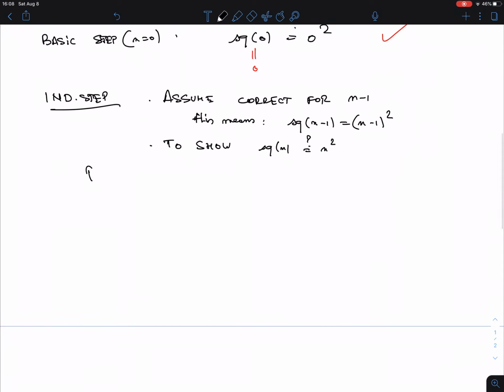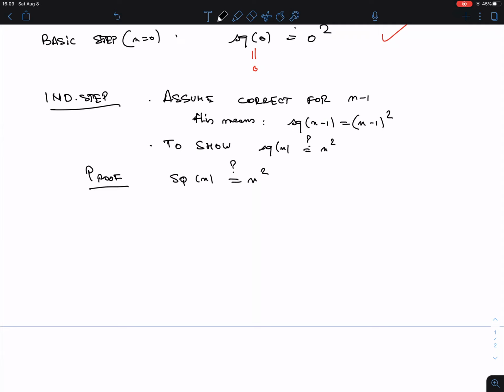Okay, so here's our proof. When you do a proof by induction, always set it up this way. Write down what it is that you're assuming, write down what you have to show, and then prove it. So the proof: the square of n, and again, since we have to prove it, I keep writing these question marks on top of it. Is this true? Now, what can we do?